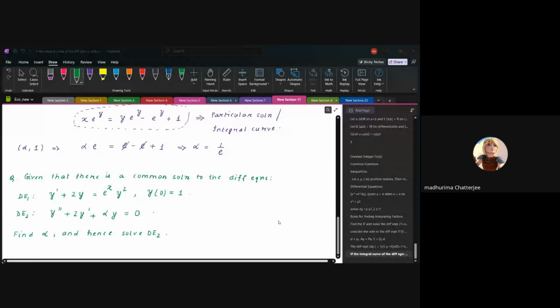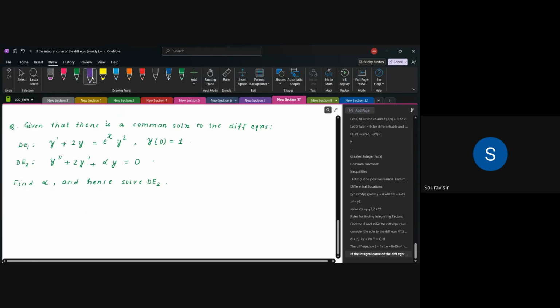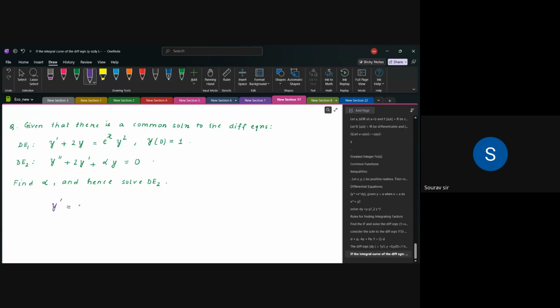I think it is a big sum. You want to substitute y dash, you mean, from the first differential equation. Yeah, into the second one. Okay, if I try to do that, from the first equation your y dash will be e to the power x y square minus 2y.